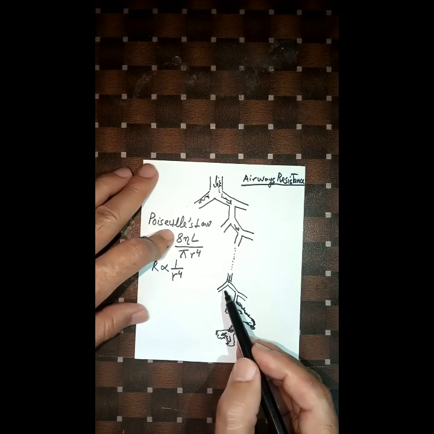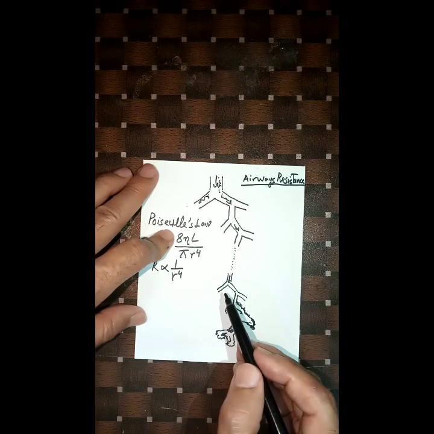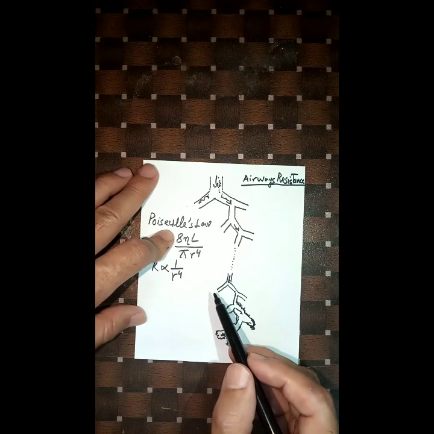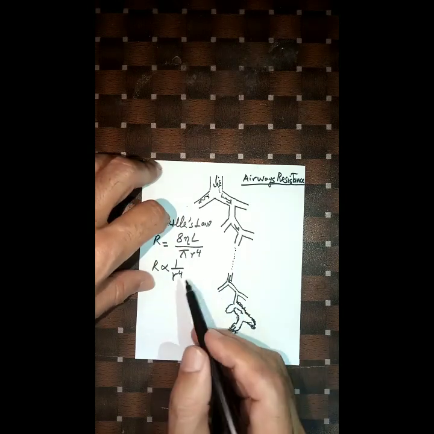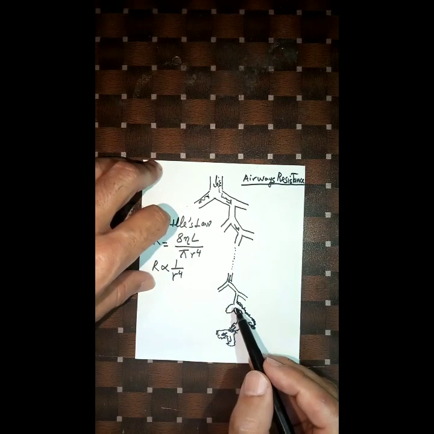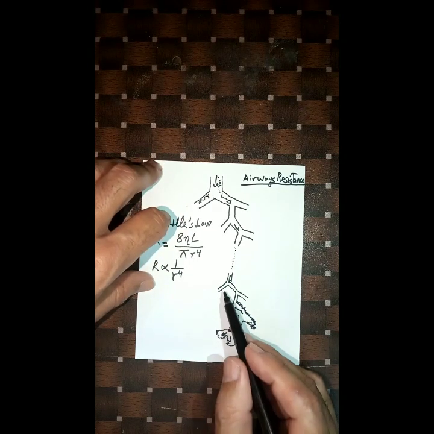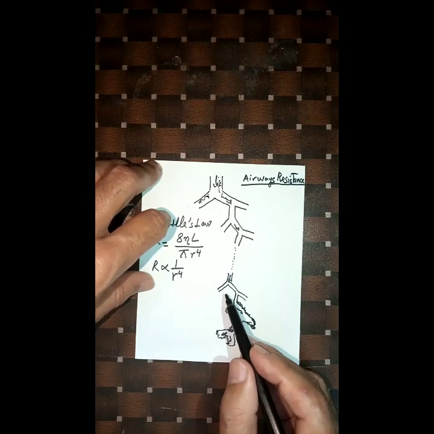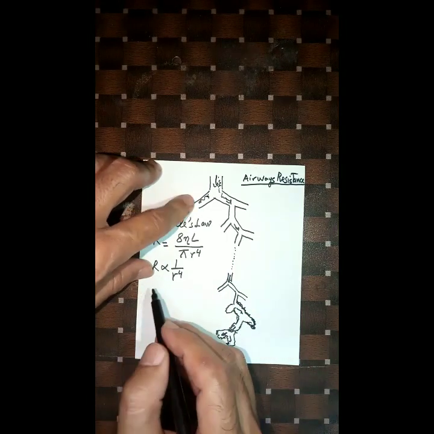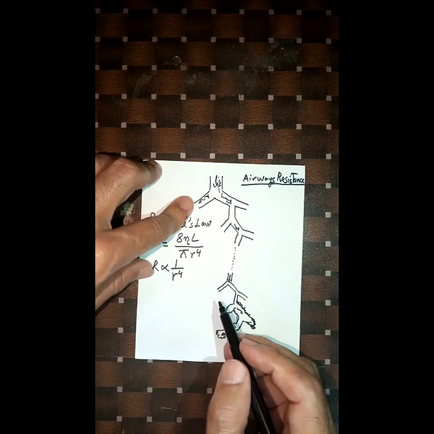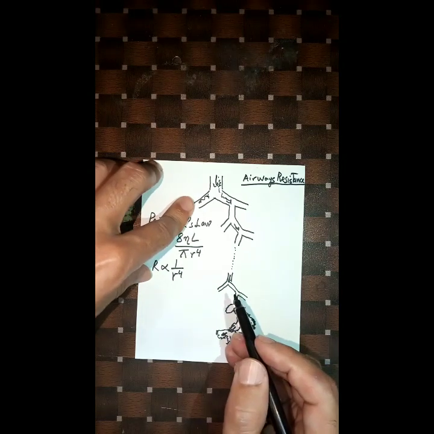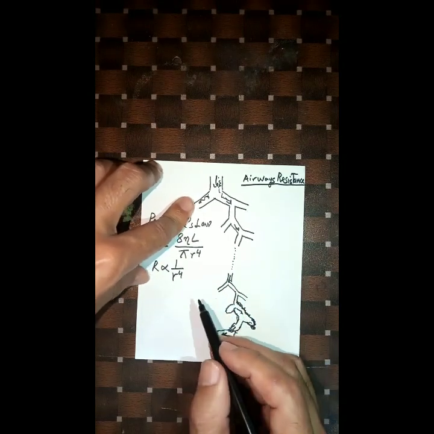However, they contain smooth muscles whose activity is under reflex nervous control or altered by hormones or paracrines, thus having great impact on airway resistance. Their smooth muscle contraction causes bronchoconstriction, and relaxation leads to bronchodilation.